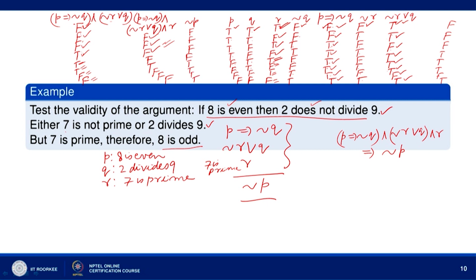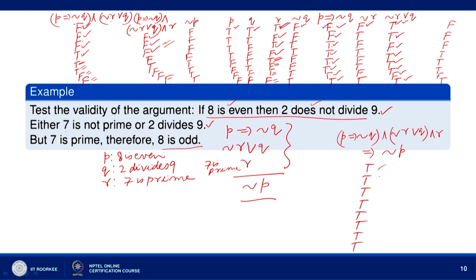Now, let us see implication. So, F, F gives T, okay. Then F, F gives T, then F, F gives T, then F, F gives T, okay. Then T, T gives T, then F, T gives T, then F, T gives T, and then F, T gives T. Okay.